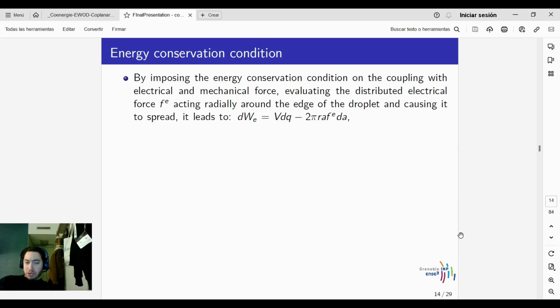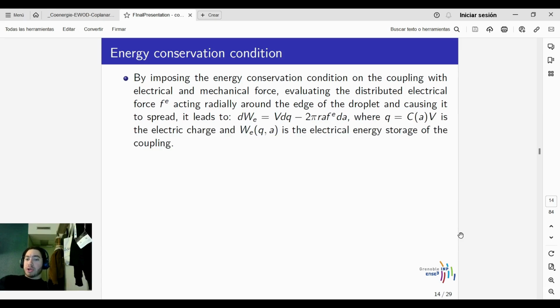So it would lead us to the next equation, where Q is basically the electrical charge, that is the capacitance multiplied by the voltage, and WE will be the electrical energy storage of the coupling that will depend on Q and at the same time on A.